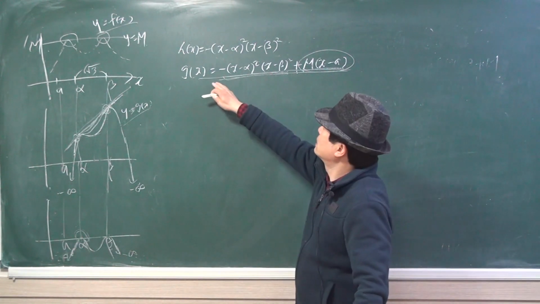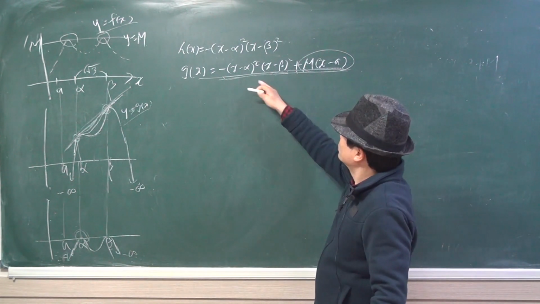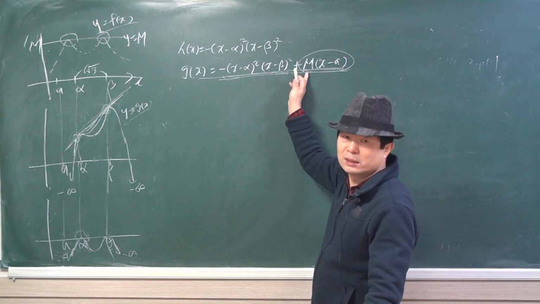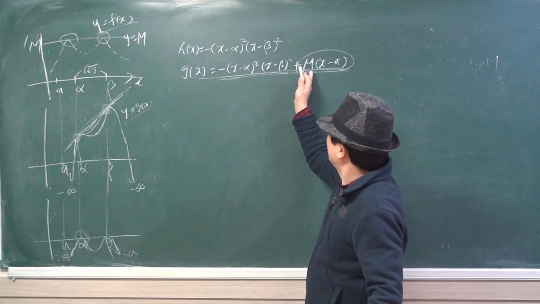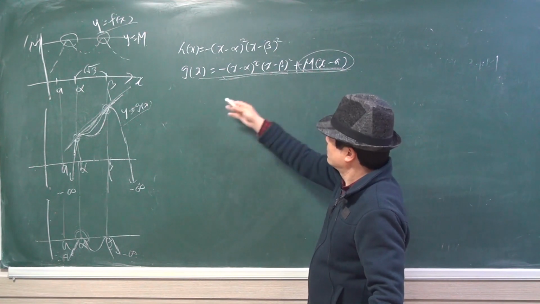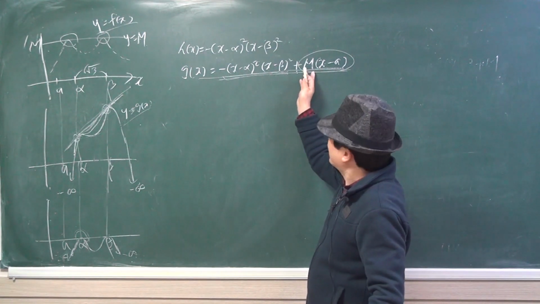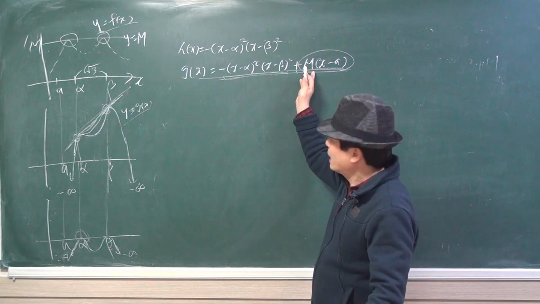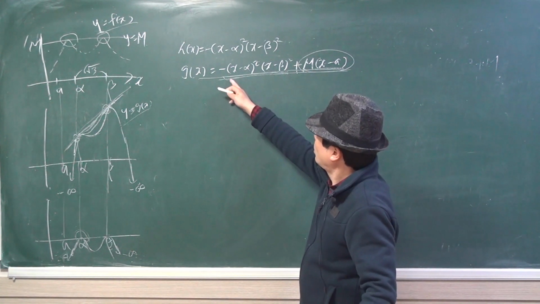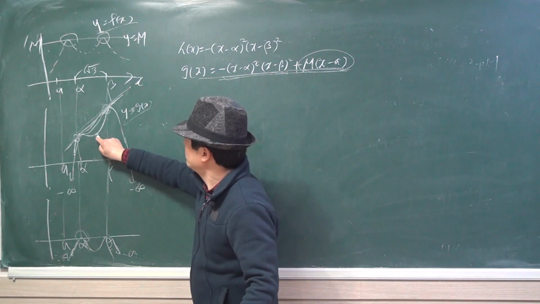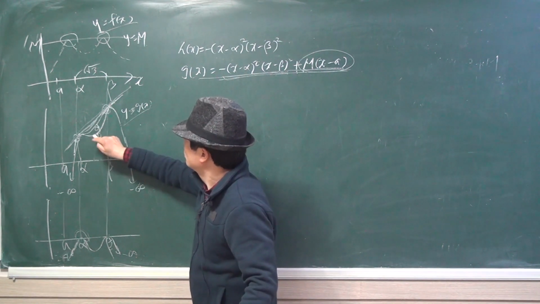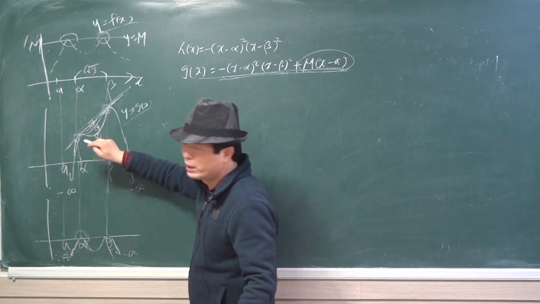So g(x) goes back to h(x) when m is 0. And if we change the slope of the line m, then the whole shape can change from type 1 to 2 or type 3.